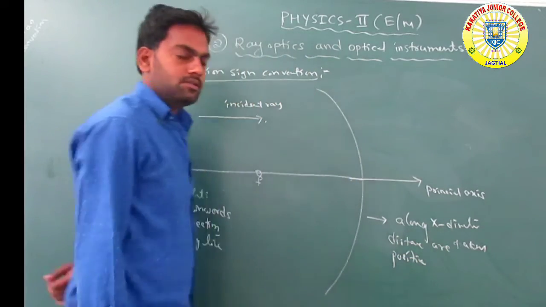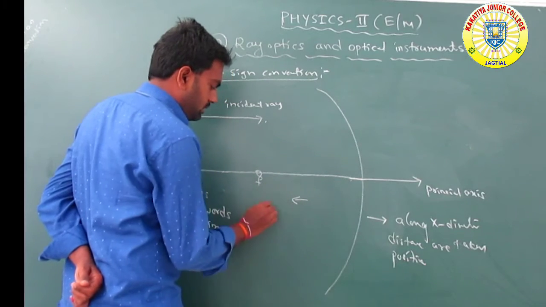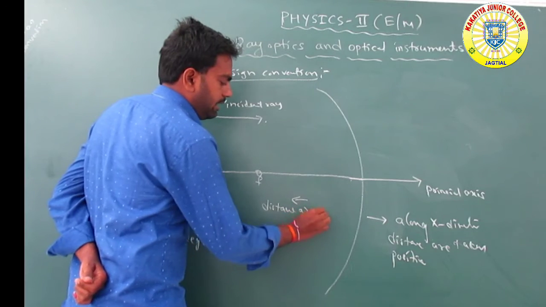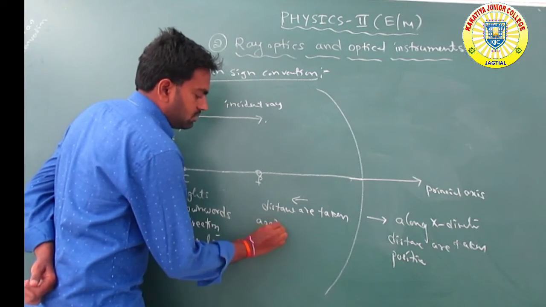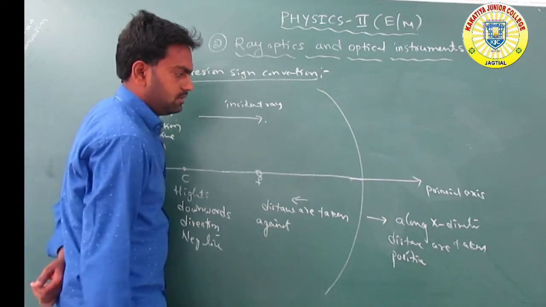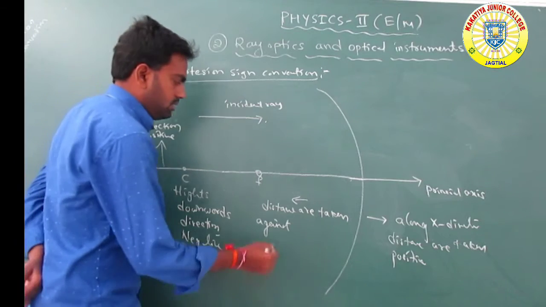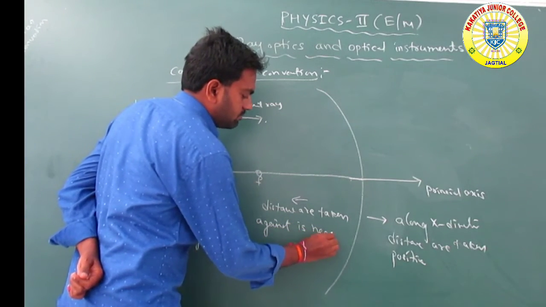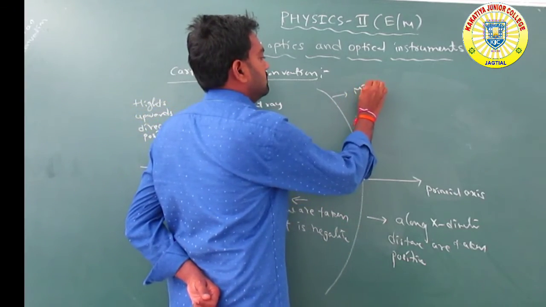The distances taken against the direction are taken negative. So this is called a mirror.